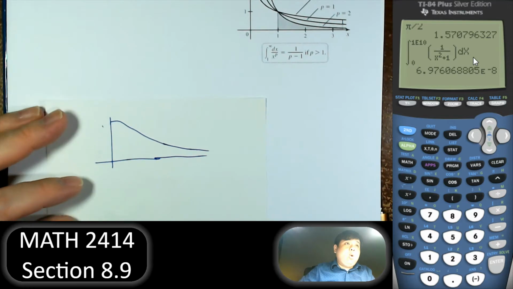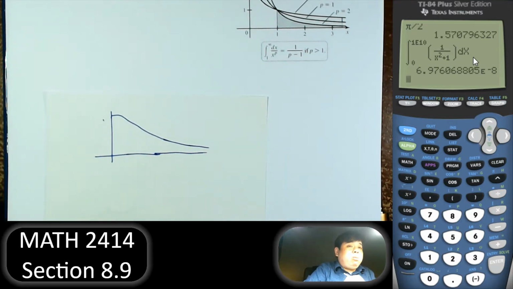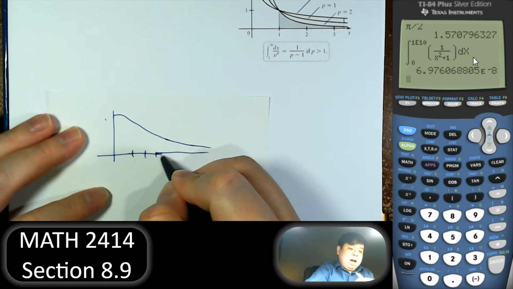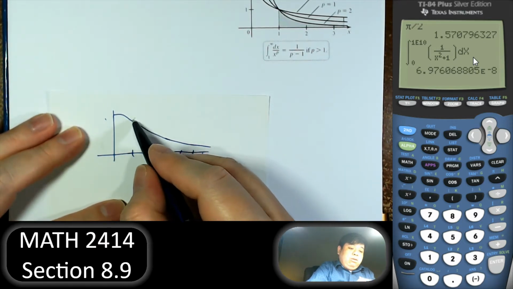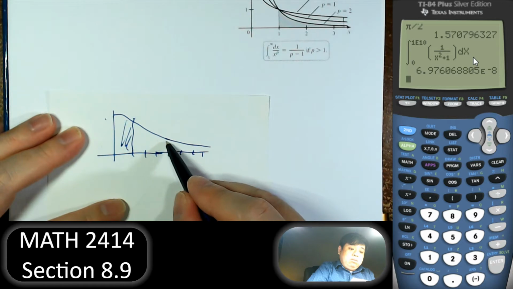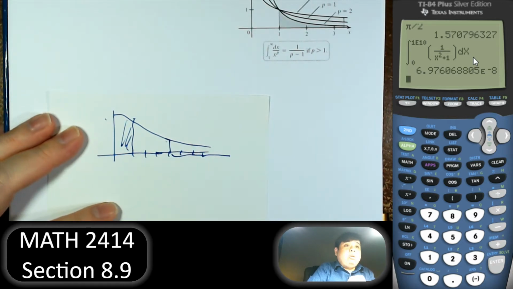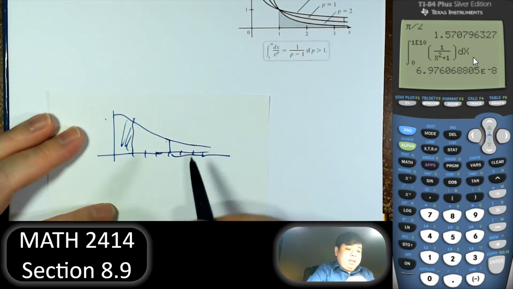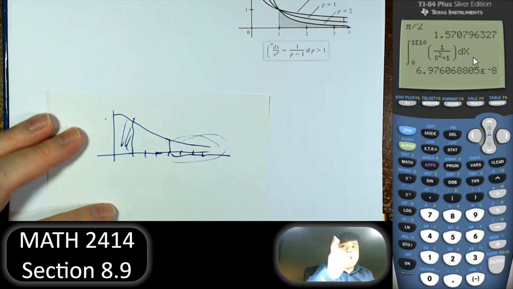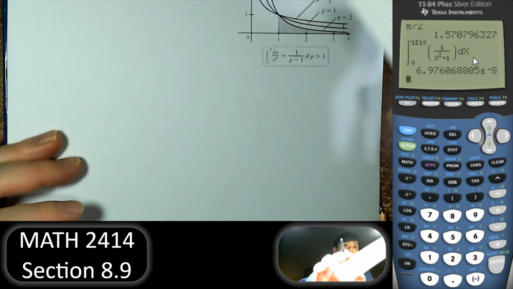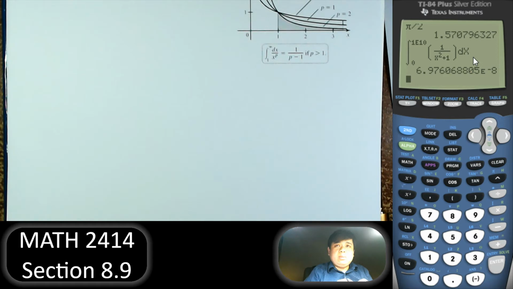The calculator can only choose some, let's say 1,000 points, to evaluate the integral. If we choose 1,000 points, the first point will have some value, but after that those will be extremely small values, and it just focuses on these small values. That's why this is wrong if we use a calculator and use a very big number here. So don't use a calculator to evaluate any of this.